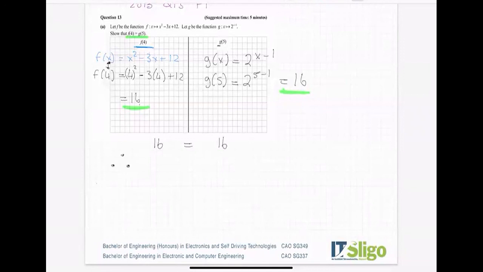Therefore, f of 4 equals g of 5. That shows that you understood that question, which we may not have fully at the start, but when you see 16 equals 16, have another look back at what they asked, and it just may make sense then.